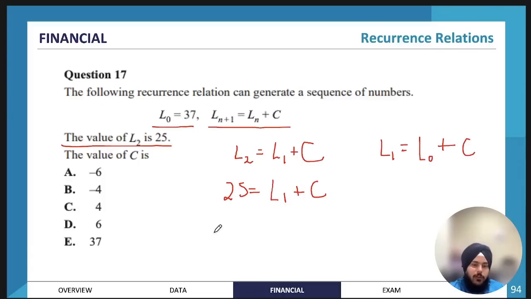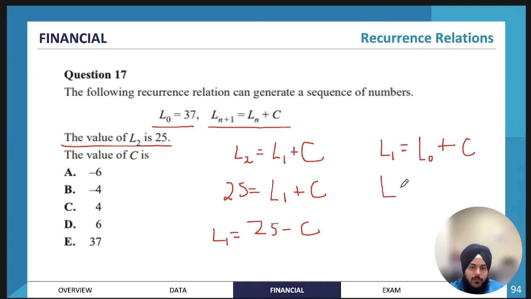What we can do is rearrange for L1. So L1 is equal to 25 minus C, essentially. We move C to the other side, just using basic algebra here.